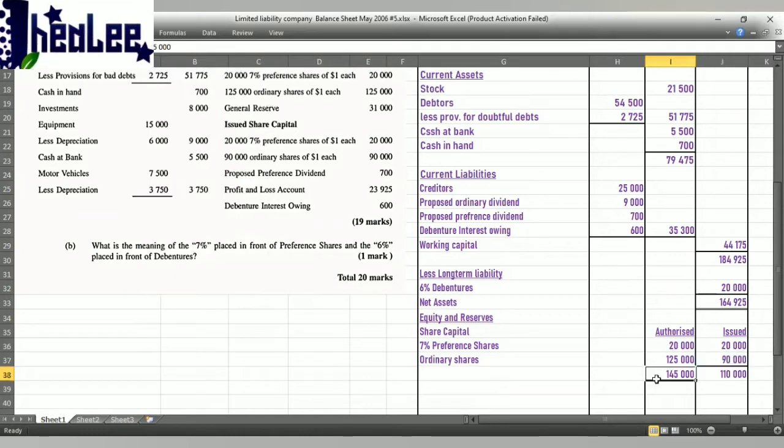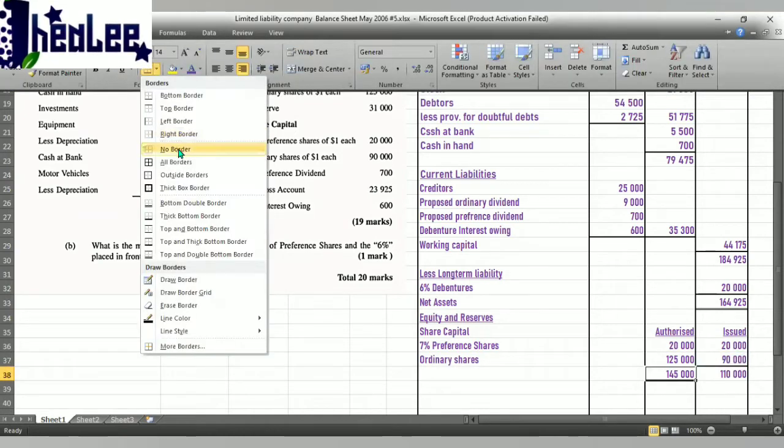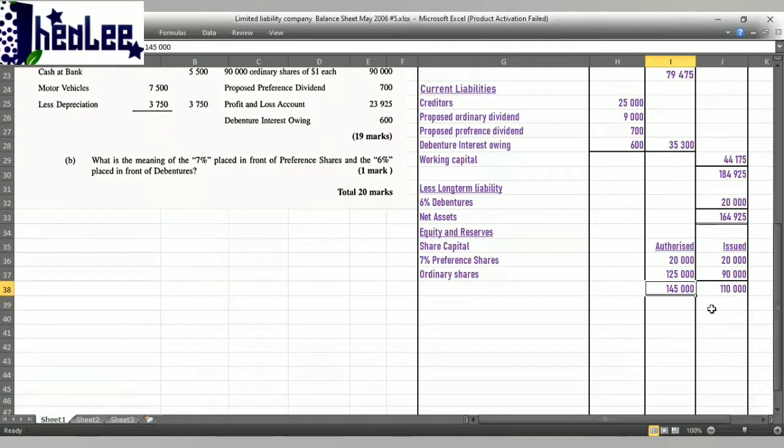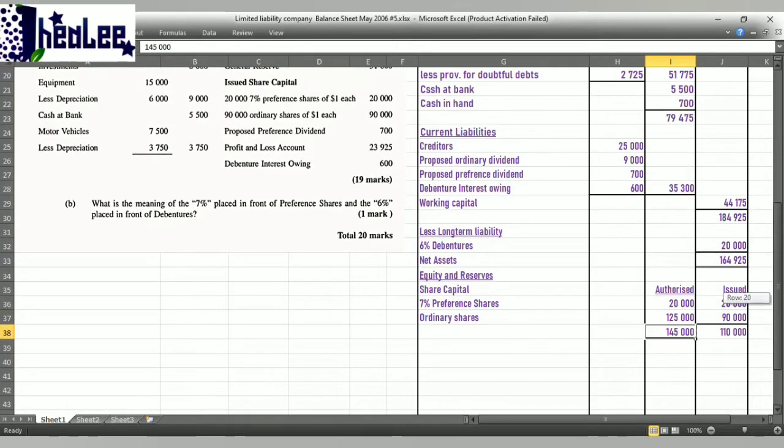So at this time, because we're not going to continue with the authorized, what we need to continue with is our issued. We're going to double underline the authorized. And what we have continuing with, because we want to show what is the total equity and total reserve that are in the business. So therefore, we are going to continue with our $110,000 as our issued share capital.